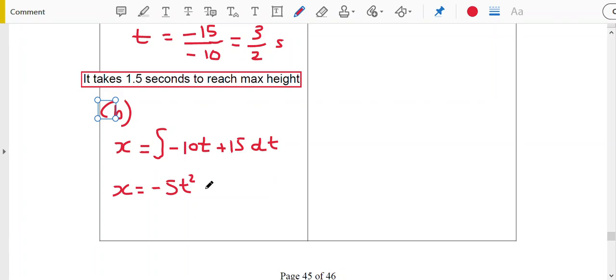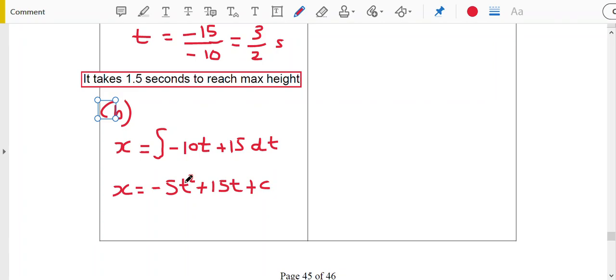The antiderivative of plus 15 will be plus 15t, plus another constant of integration, so plus c. Again, there has to be some information in the problem that will enable me to work out this plus c.